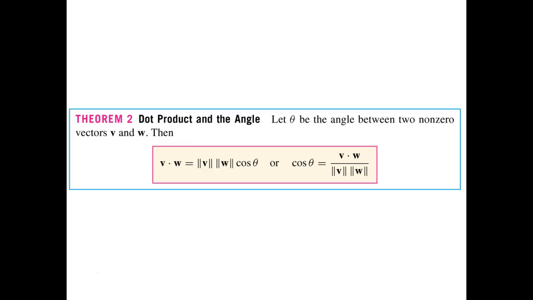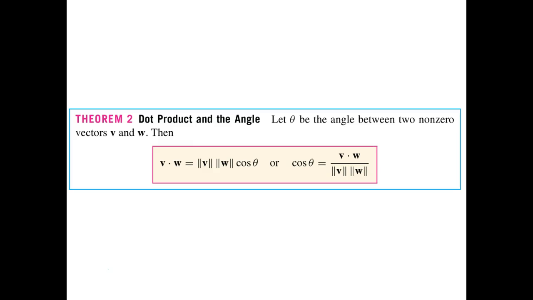Now with that expression in mind, you can rearrange and get that the cosine of the angle in between them is the dot product, which is easy to calculate, V1 W1 plus V2 W2 plus V3 W3, divided by the magnitude of V times the magnitude of W. That gives you the cosine of the angle. To get the angle itself, take the inverse cosine of both sides.